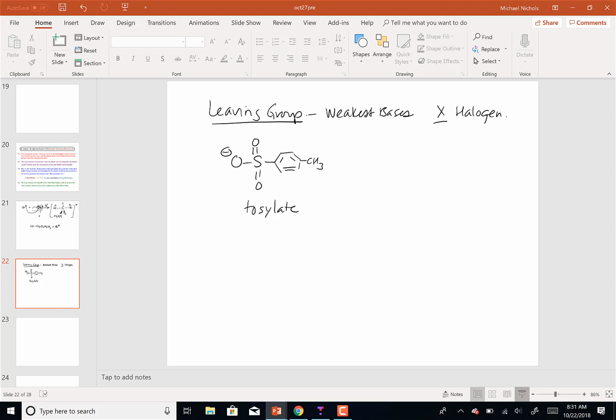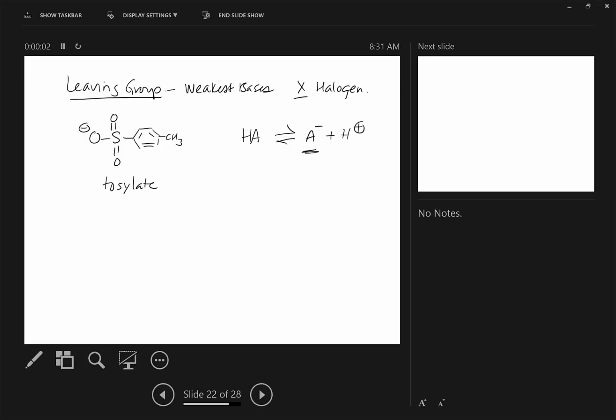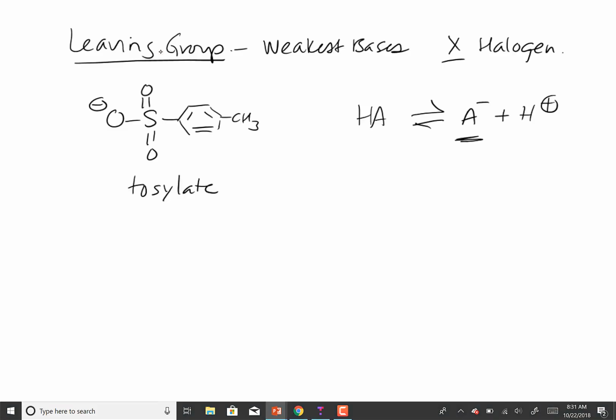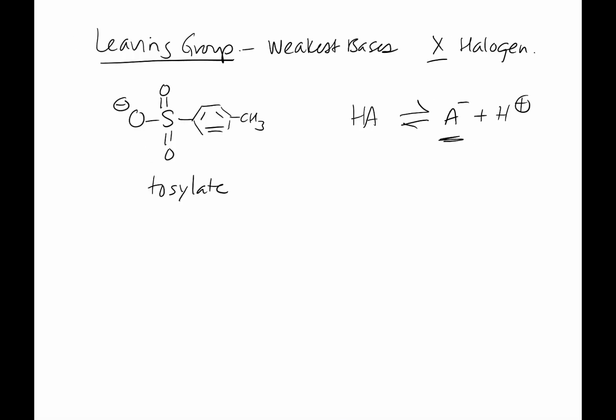We go back to our fundamental principle that says if I have an acid and I make the conjugate base more stable, then the more stable this is, the more the equilibrium is shifted, which makes this a stronger acid and makes this a weaker base.